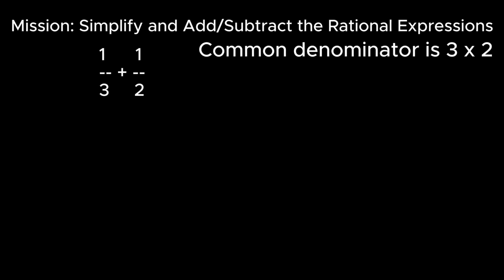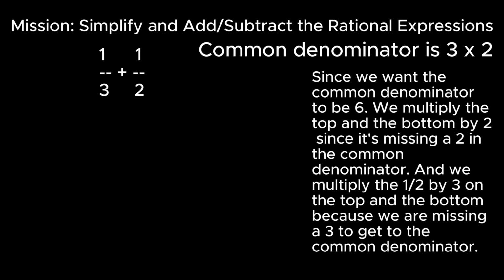Since we know that for 1/3, you have to multiply the top and the bottom by 2 to get to the common denominator, which is 6, you're going to get 2 over 6.